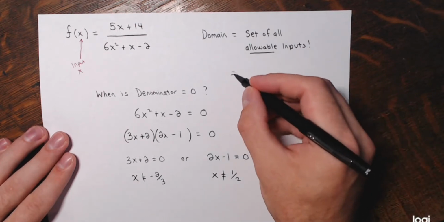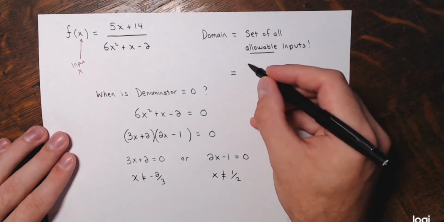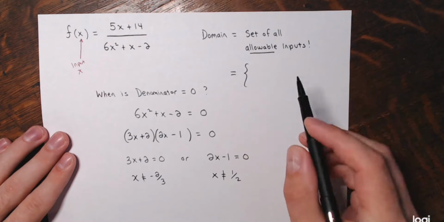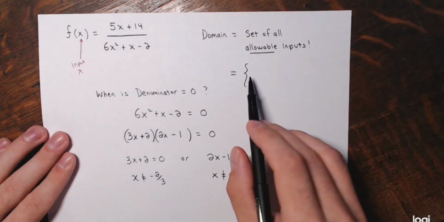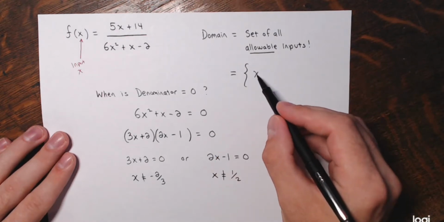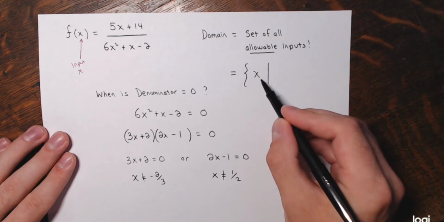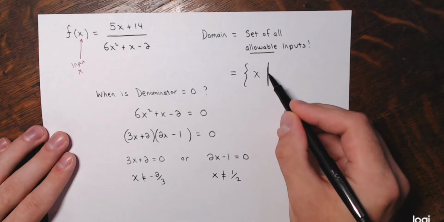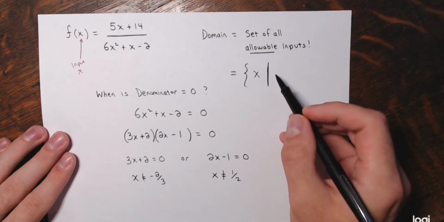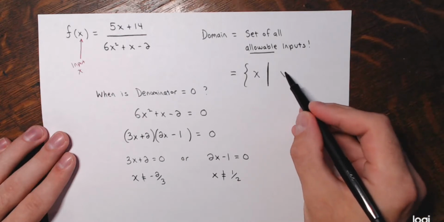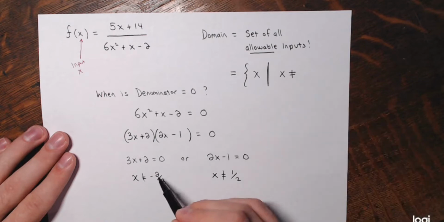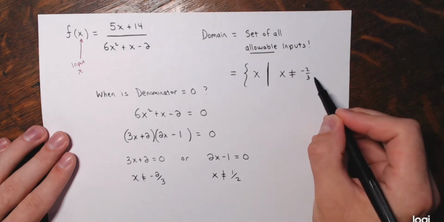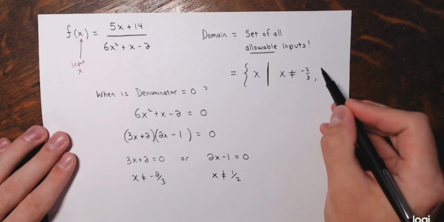I would say that the domain, and it's a set of all values of x, I can use any value of x I want. So I put x here as long as, so a little bar or a colon sometimes, as long as x is not negative 2/3 and not 1/2 as well.